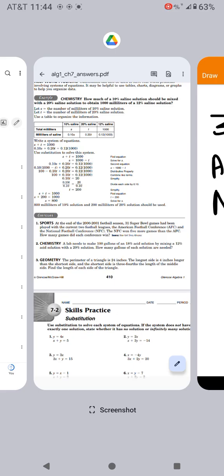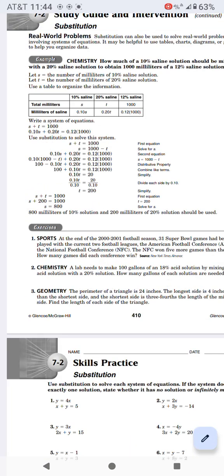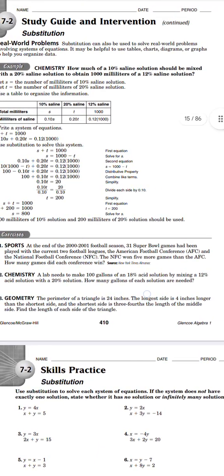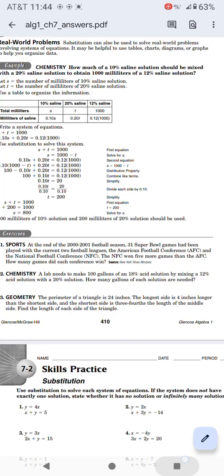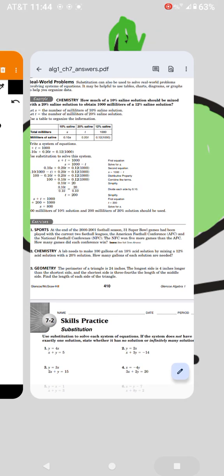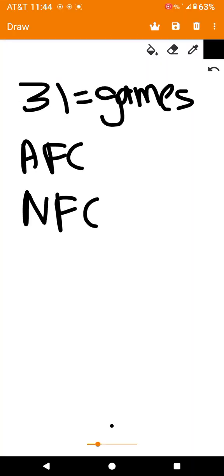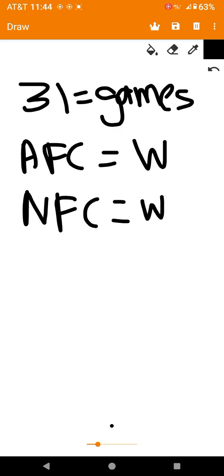All right, so it says the NFC won 5 more games than the AFC. We don't know how many games the AFC won, so we can just put W. But we do know that the NFC won 5 more games than the AFC, so that would be however many they won plus 5.